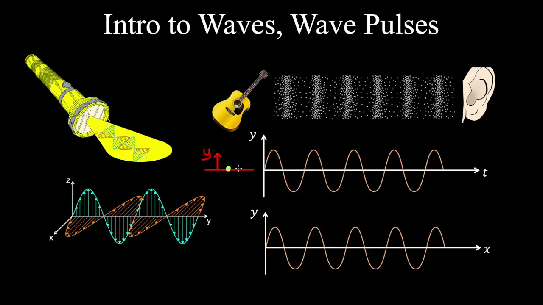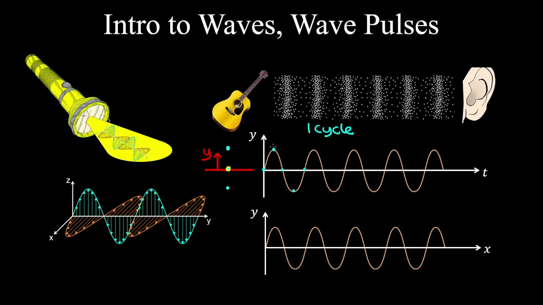we see the particle starts at equilibrium, then moves upwards by a certain amount, goes back through equilibrium, and then moves downwards by the same amount, and goes back towards equilibrium. So this marks one cycle.